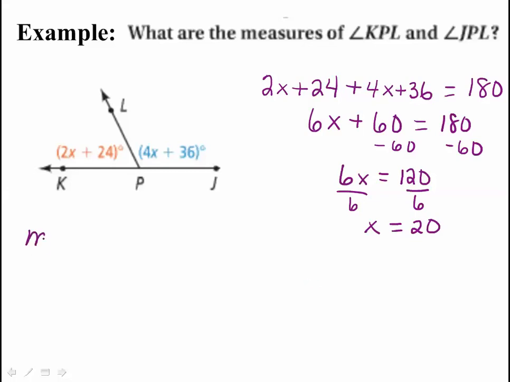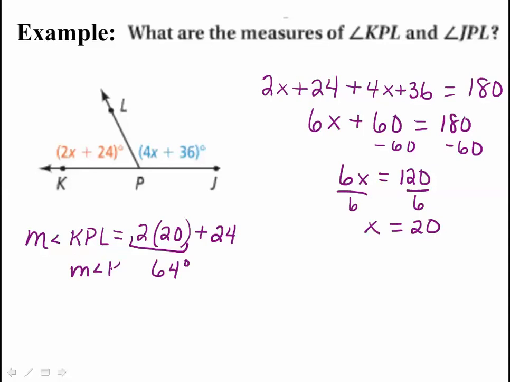So the measure of angle KPL is 2 times x plus 24, or 2 times 20 plus 24. 2 times 20 is 40, and 40 plus 24 is 64 degrees. So the measure of angle KPL is 64 degrees.